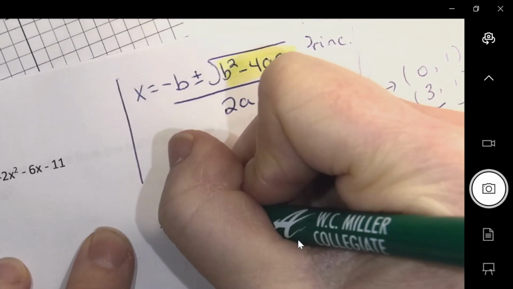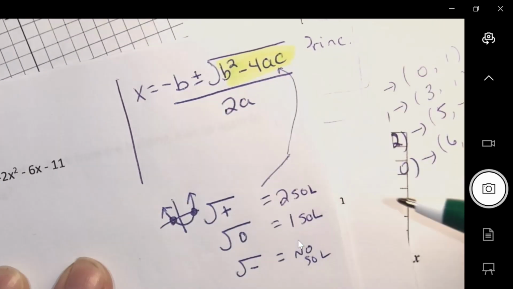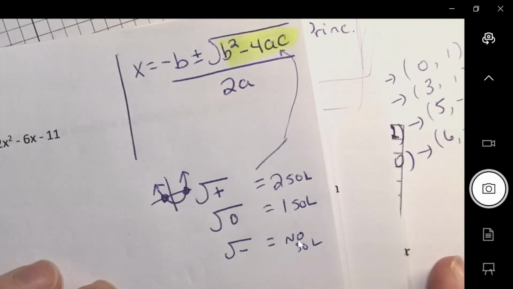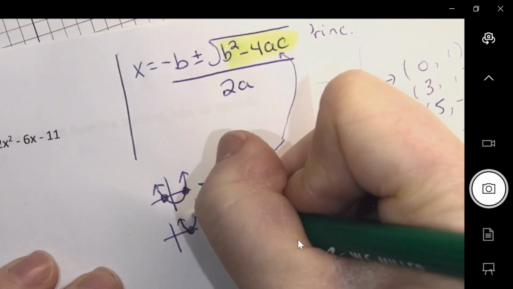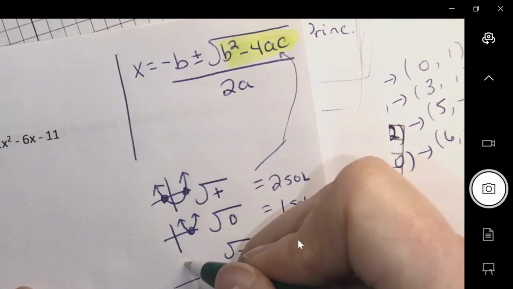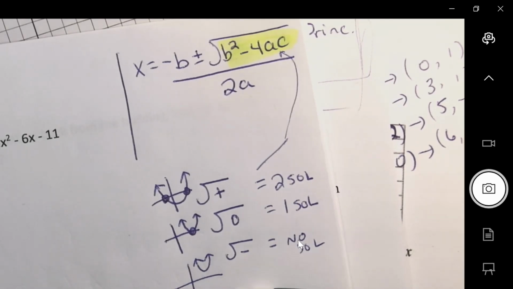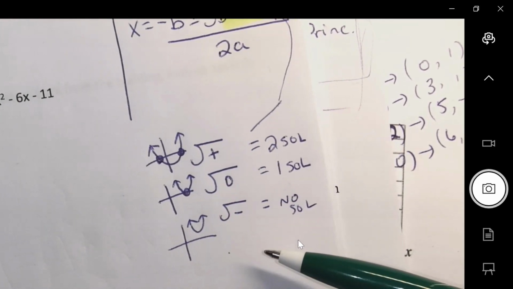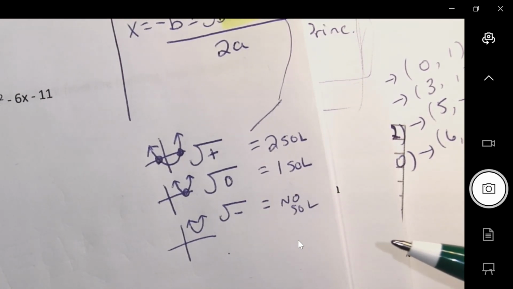So a visual: a quadratic could have 2 answers. A quadratic could have just 1 solution, and it's definitely possible for a quadratic to have no solutions. So these solutions are the x-intercepts of the graph.